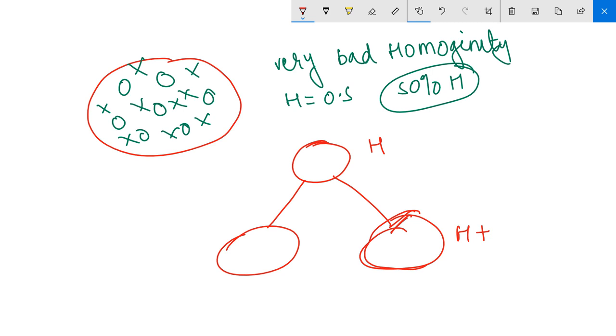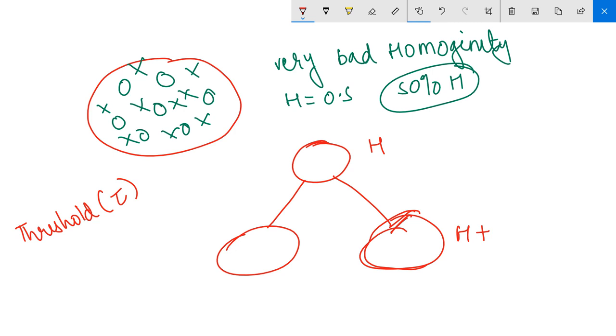We keep a threshold, tau, a value of tau. We fix a value tau, the threshold, and we keep checking whether the homogeneity we are getting is greater than tau. If yes, we stop there itself and make it a leaf node.